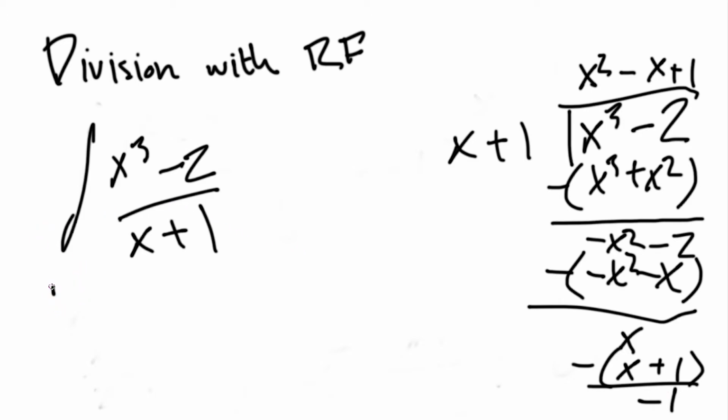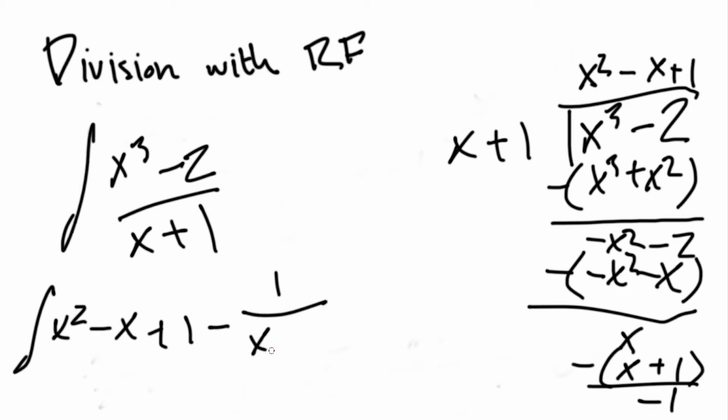So this can be rewritten as the integral of x squared minus x plus 1 minus 1 over x plus 1, right?